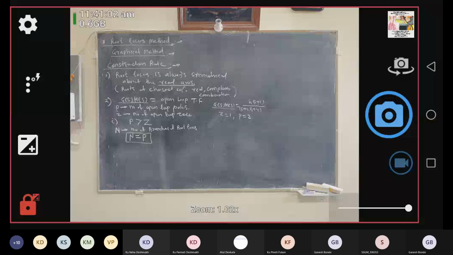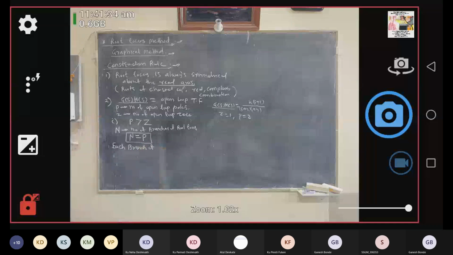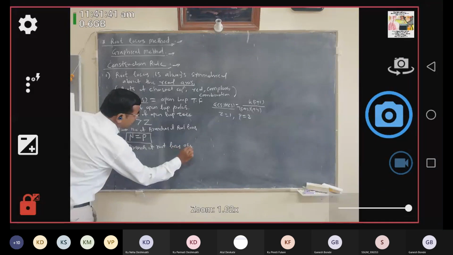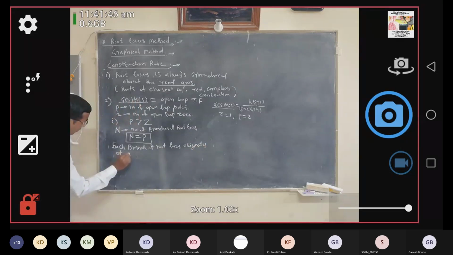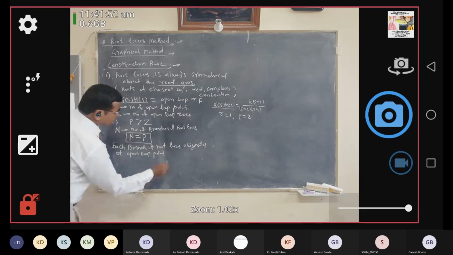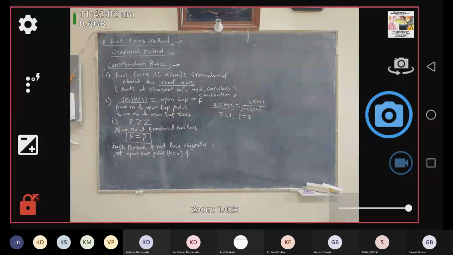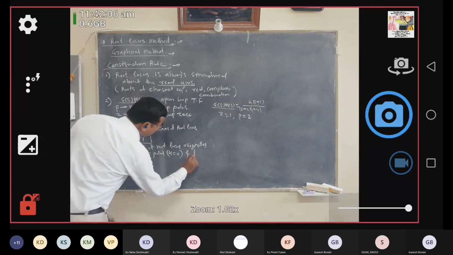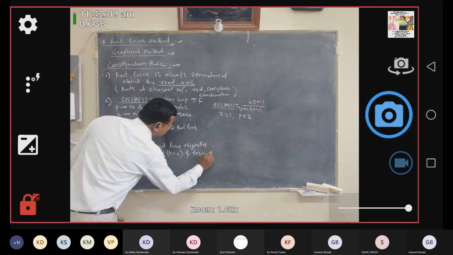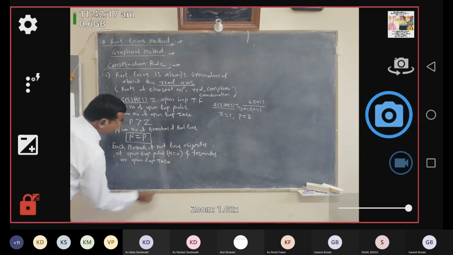Therefore, the branches of your root locus, that is N branches, so write down here: each branch of root locus originates at an open loop pole, that is at K equal to 0, and terminates at an open loop zero if present.